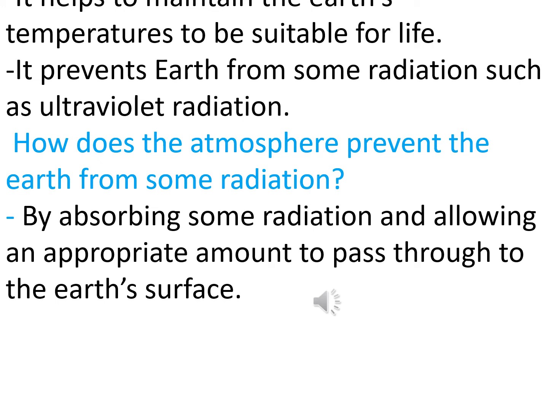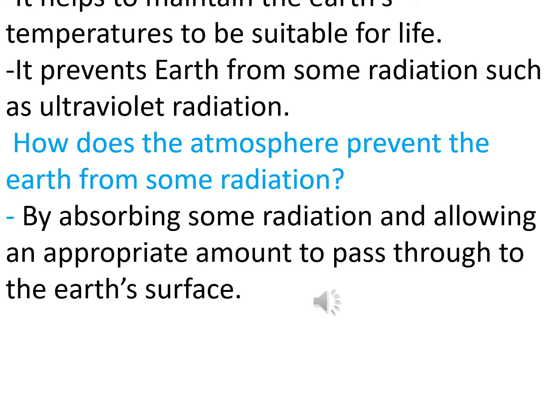Now, the question comes, how does the atmosphere prevent the Earth from some radiation? How does it do that? It's very simple. We can all read: by absorbing some radiation and allowing an appropriate amount to pass through to the Earth's surface. It only allows a recommendable amount, not the whole radiation to reach the Earth's surface.